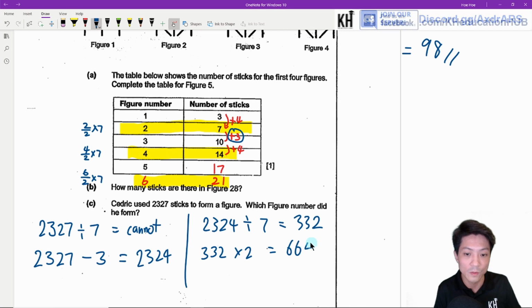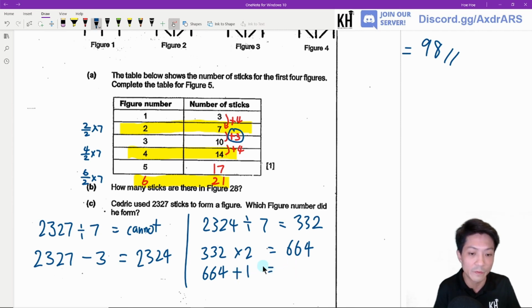Okay, this is going to give me 664. And then just now I minus a 3, right? Which means that I need to use 664 plus 1. So it'll be figure number 665.